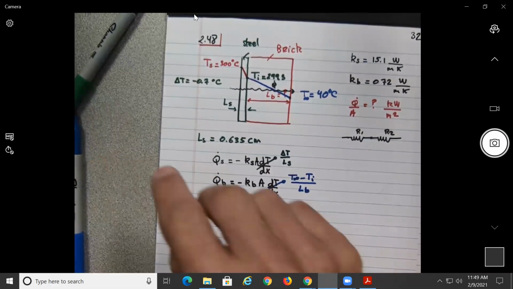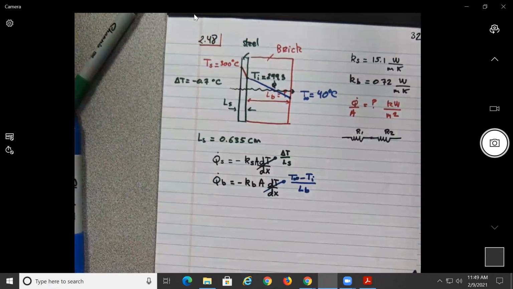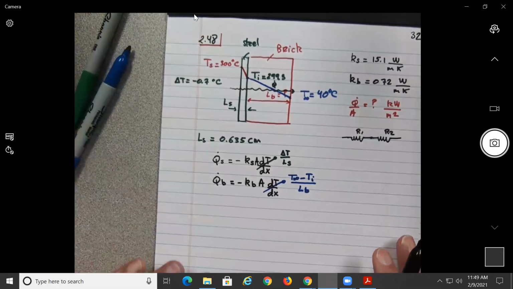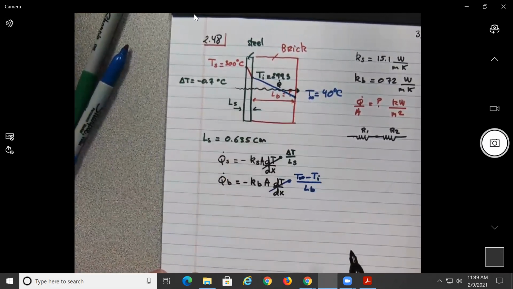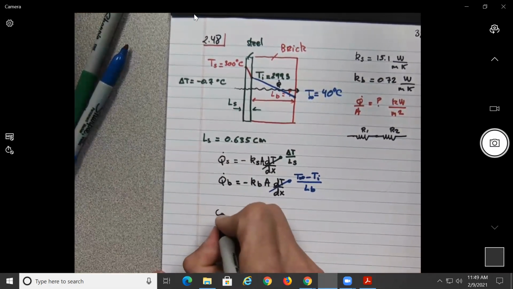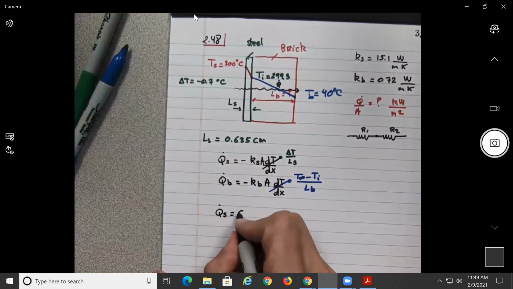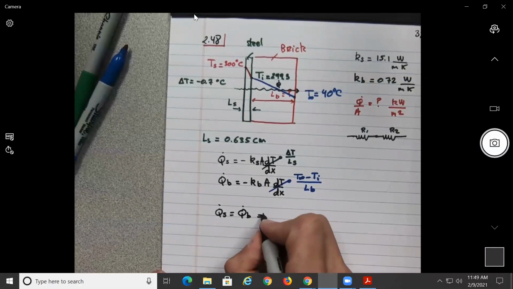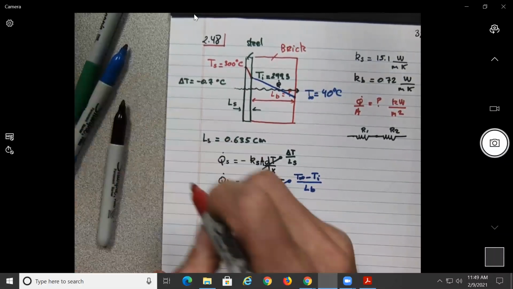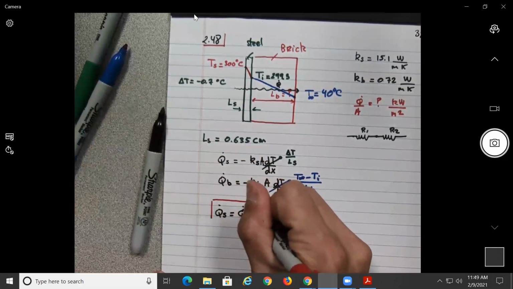And what did we just say? And this is the most important equation, really. What is the amount of heat going through the steel and the brick? It is the same. So you can say the heat Q steel will be equal to Q brick, which will give you the equation that I would like to see if this problem is in an exam.